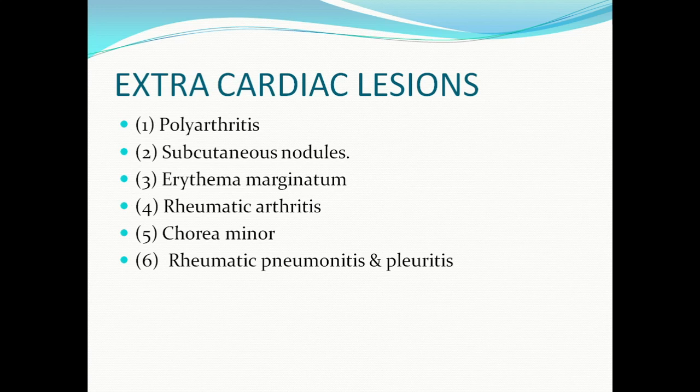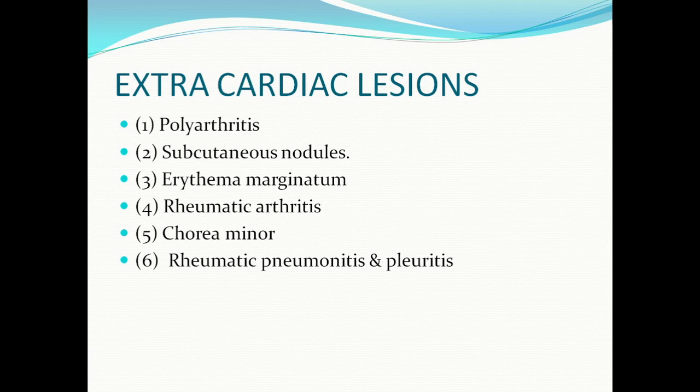Now the extracardiac lesions, which are six in number, start with other systems, that is joints in the form of polyarthritis, another system related to skin: subcutaneous nodules, erythema marginatum, again rheumatic arthritis, and CNS symptoms: chorea minor. What do you mean by chorea?